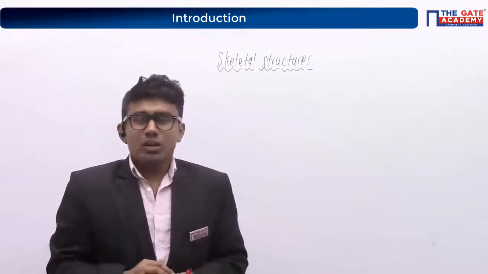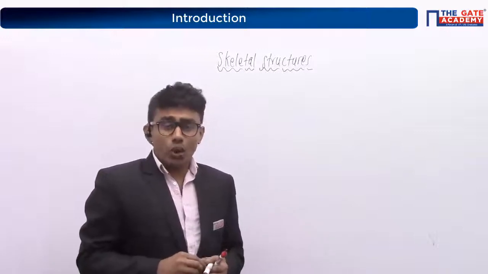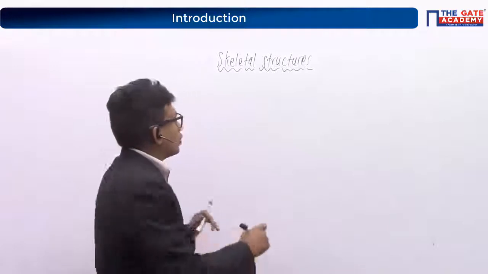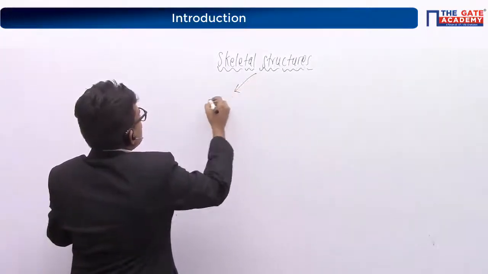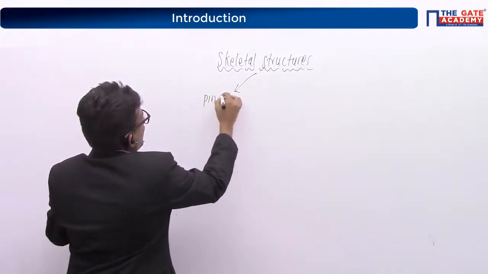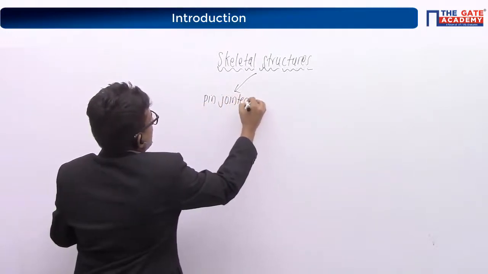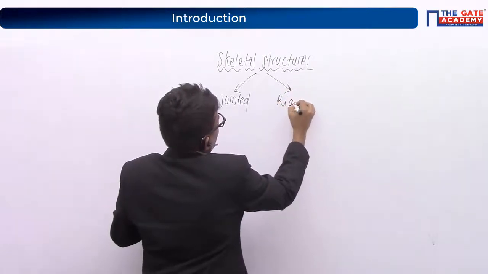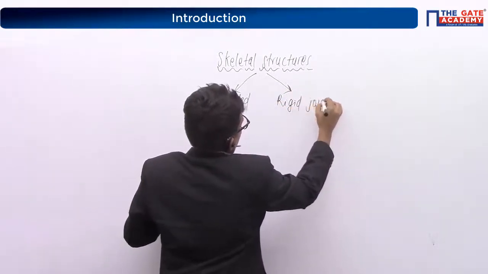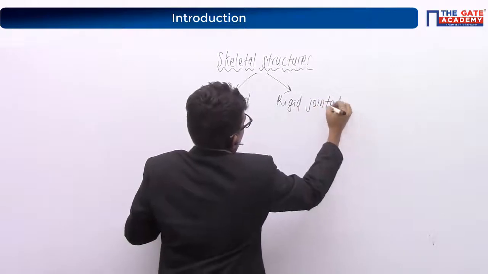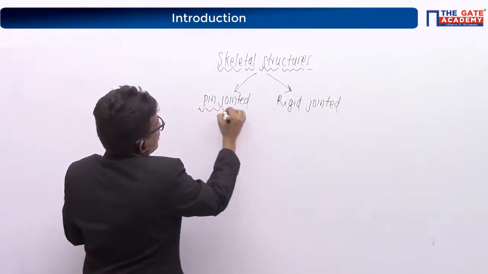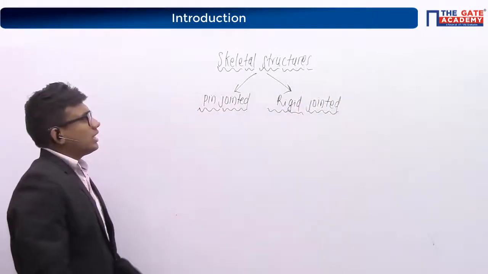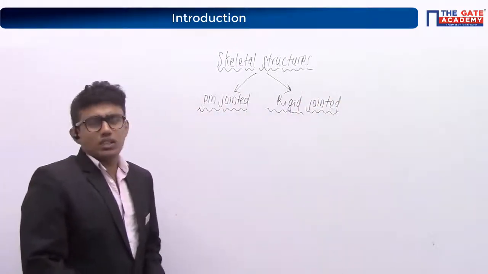First one, pin jointed structures, and second one, rigid jointed structures.